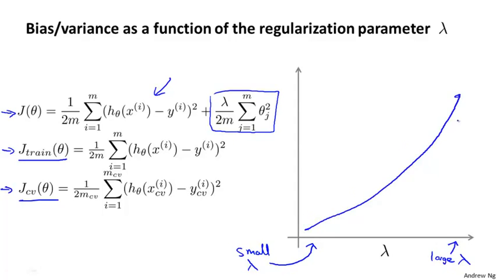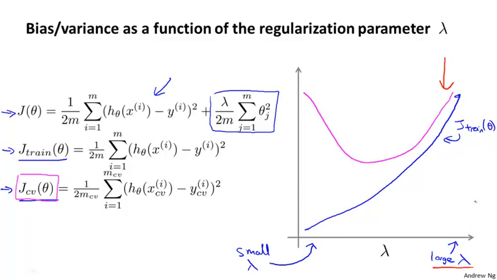So J train of theta will tend to increase when lambda increases, because a large value of lambda corresponds to high bias, where you might not even fit your training set well, whereas a small value of lambda corresponds to when you can freely fit a very high degree polynomial to your data, let's say. As for the cross-validation error, we end up with a figure like this, where over here on the right, if we have a large value of lambda, we may end up underfitting, and so this is the bias regime, so the cross-validation error will be high.